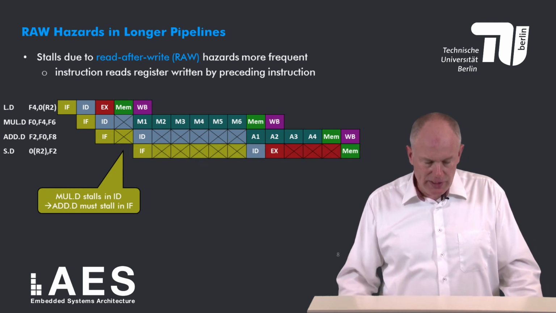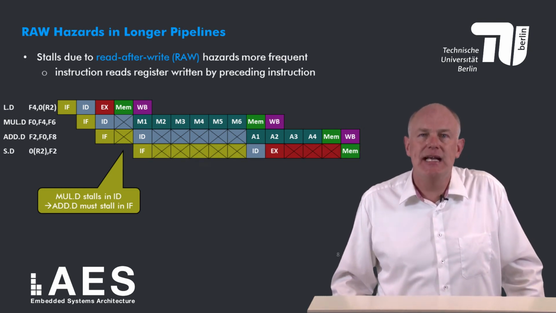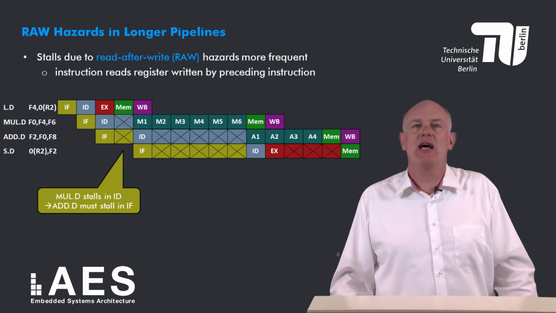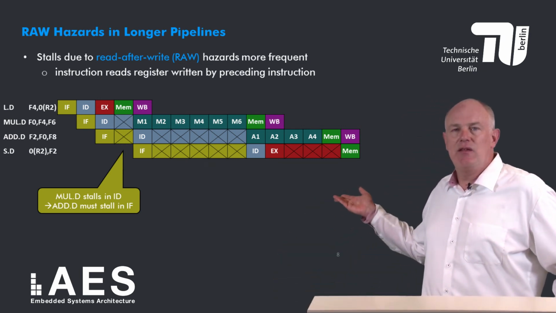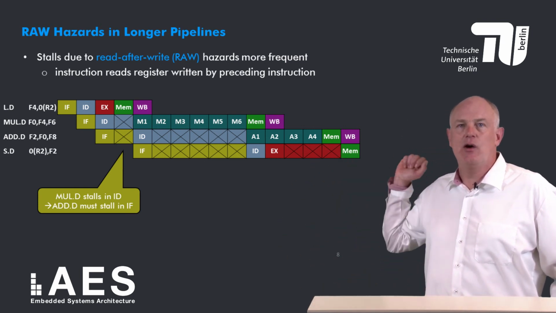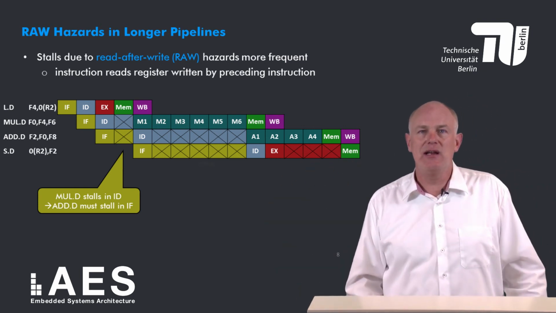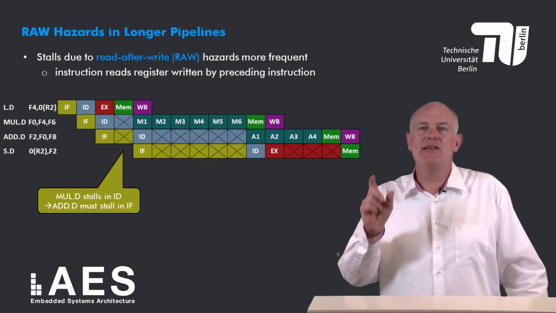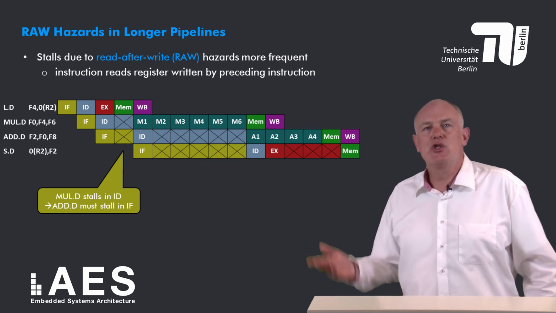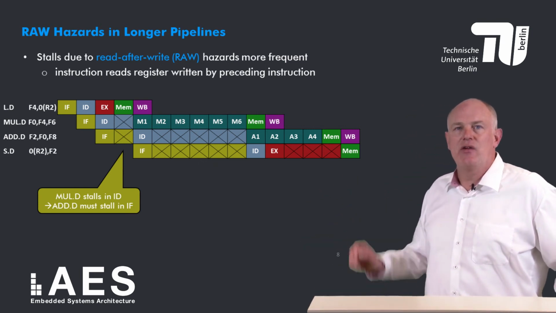Finally, the store double is executed in these stages. It also suffers from many stall cycles. First it stalls in its fetch stage. As before, because the add stalls in its decode stage, the store must stall in its fetch stage, since at any time there can be only one instruction in any pipeline stage. The store also stalls in its execute stage.